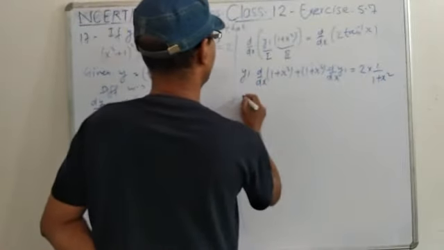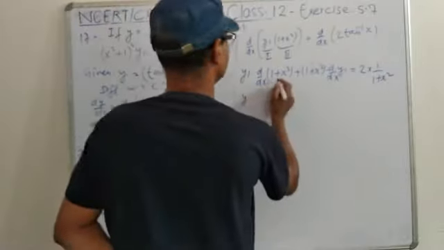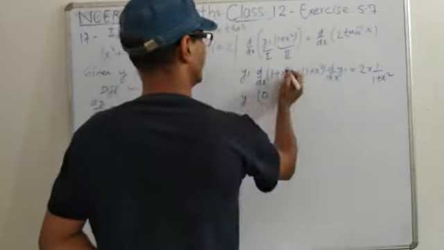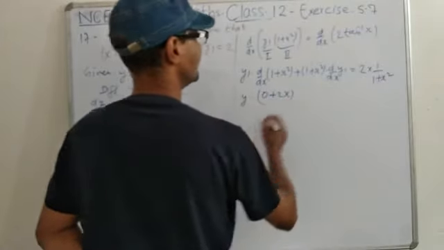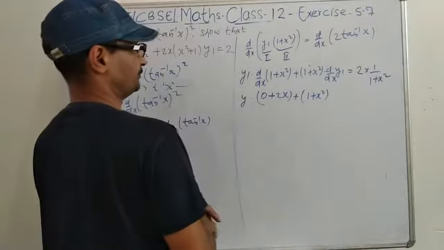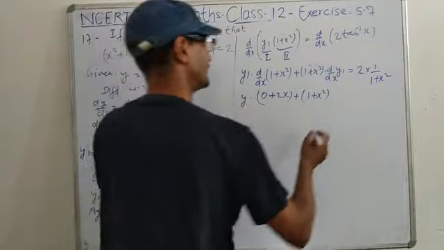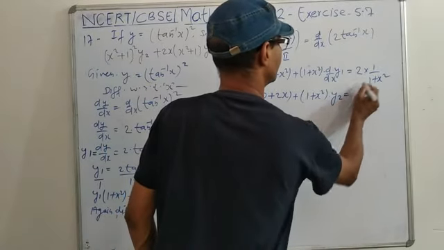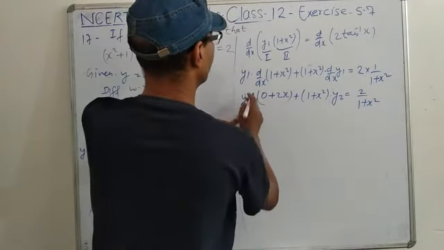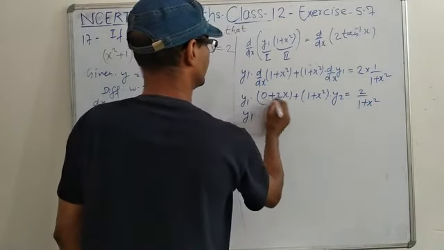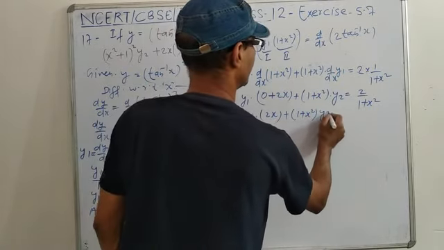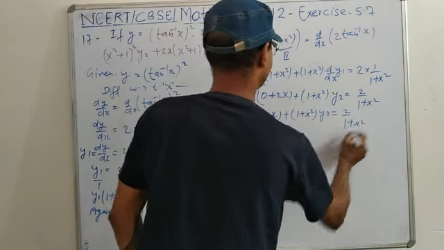So here it is y1 into d/dx of (1 plus x square): we get 1 differential 0, x square derivative 2x, plus here (1 plus x square) and d/dx of y1 is the first derivative, again derivative, it becomes y2, is equal to 2 upon 1 plus x square. So y1 into (0 plus 2x) plus (1 plus x square) y2 is equal to 2 by 1 plus x square.